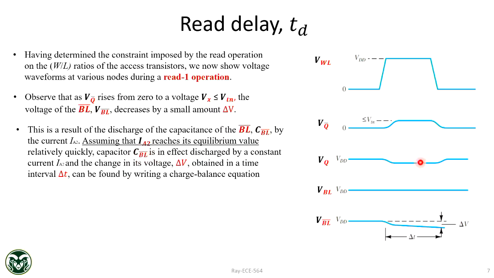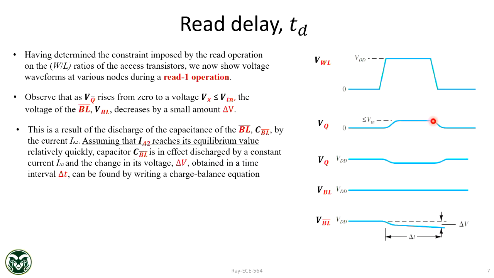assuming that IA2, the access transistor current, reaches its equilibrium value relatively quickly. So this is the time needed to reach the equilibrium. After this point, this flat region is what is decaying your bit line voltage. So how long this flat region should be decides how long your read time, the read latency, should be.